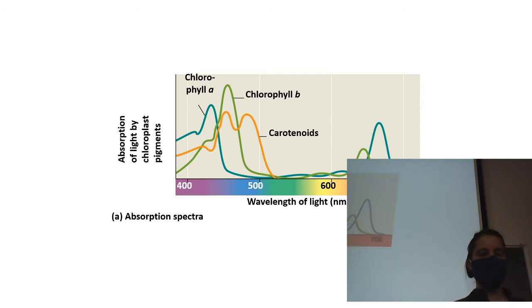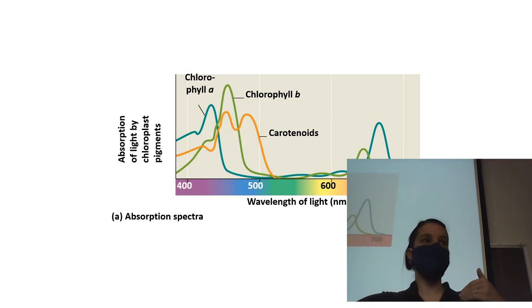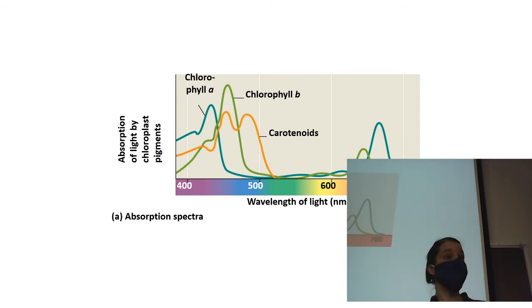About 450, it's absorbing more. By the time you get to 500 nanometers, it's not absorbing anything. But by the time you get to 680 or so, it's back to absorbing some. And you can check a whole series of wavelengths for a whole series of pigments in something, and you can figure out where the plant is absorbing this energy of light.